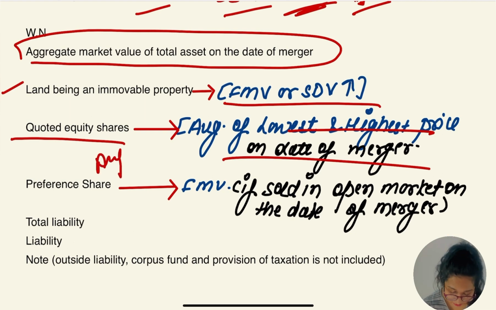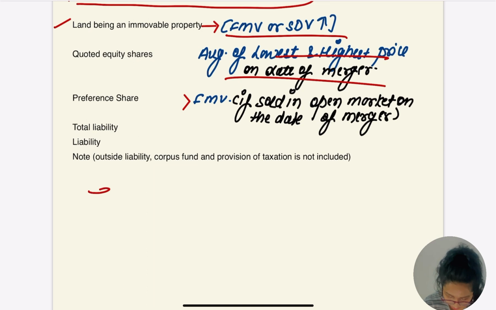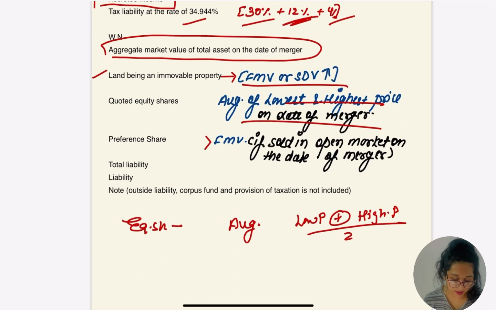So for equity shares, we are going to take the average of the lowest price plus the highest price.